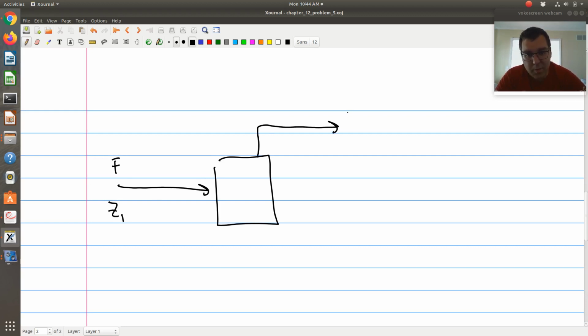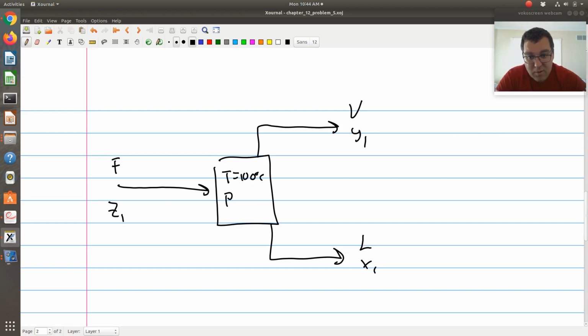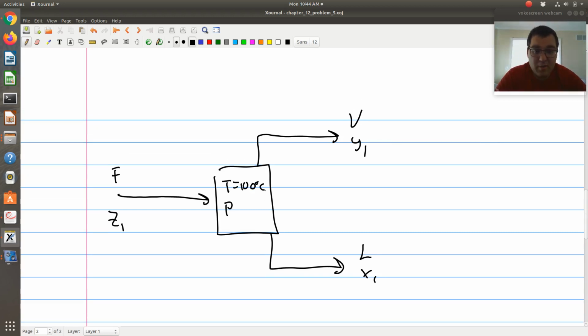Coming off the top is my vapor stream, flow rate V, composition Y1. Coming out the bottom is some liquid of composition X1. This is my equilibrium contact at some T and P. Presumably it's 100 degrees C, so we can use our Pxy phase diagram.